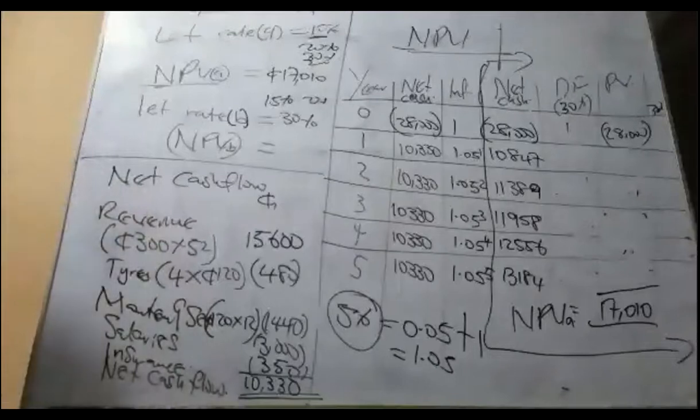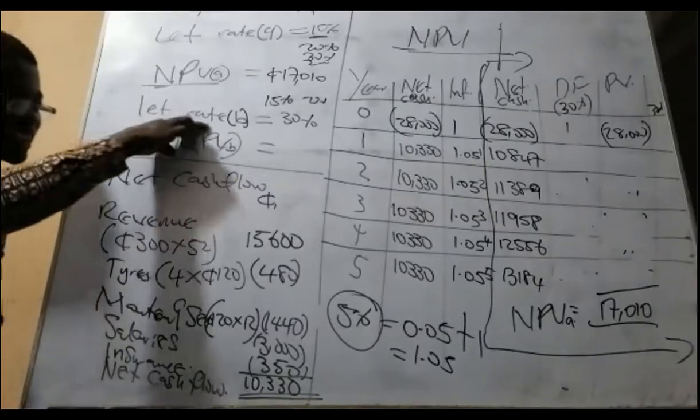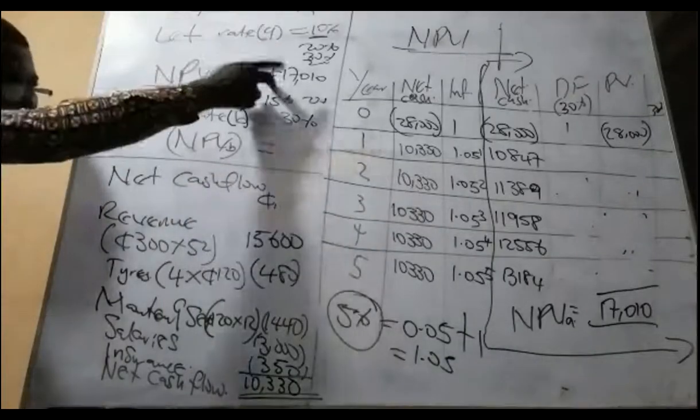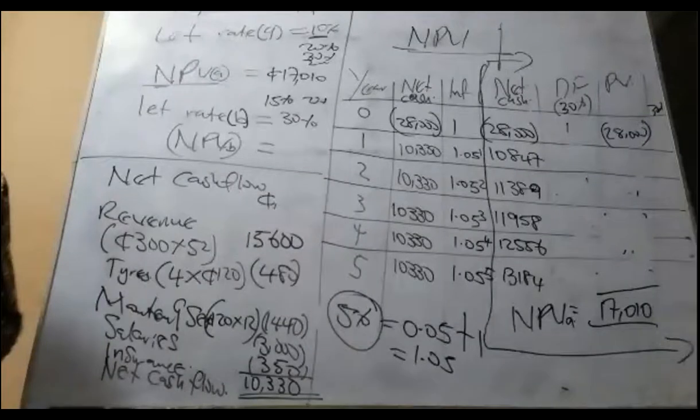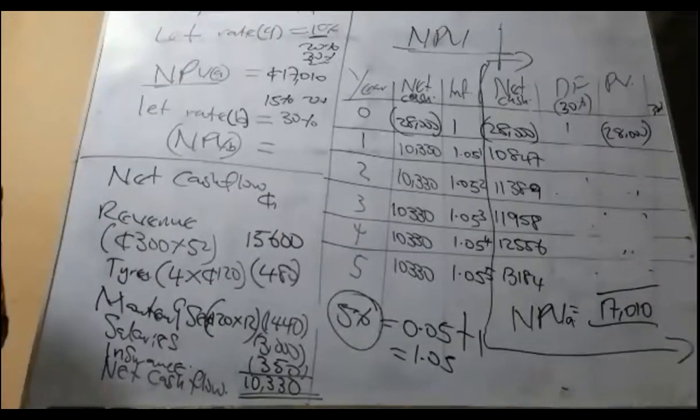That's all. But I like dealing with 10%, so that's why I selected 10%. Maybe you like 12%. The first discount factor does not depend on anything. It's pure guesswork. Just that the second discount factor depends on the solution of the first NPV. That's all. Good.